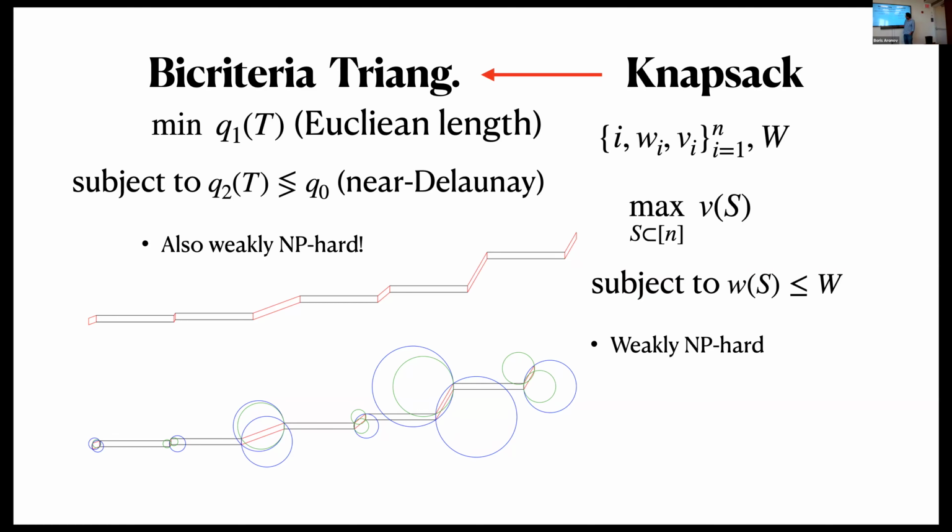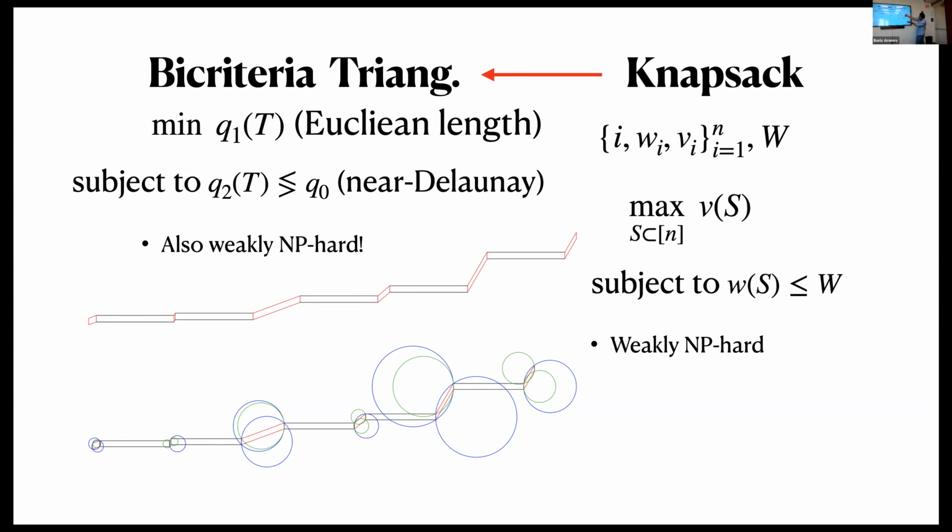If you take the longer edge of the parallelogram, then you have a larger length, but if you take the shorter edge, you have the shorter length. But the shorter length is worse for the Delaunay, and the longer length is better for the Delaunay. So you create a conflict between choosing one of these two.